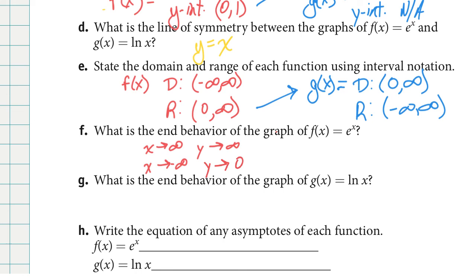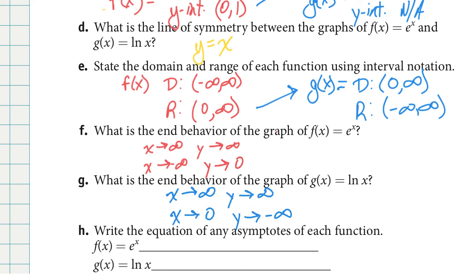On the logarithmic function, as we go infinitely to the right, this function is going to go infinitely up to positive infinity. And x doesn't go to negative infinity, it only approaches 0. But as it approaches 0, the function approaches negative infinity. And again, you can see this is the complete opposite inverse of the exponential function.